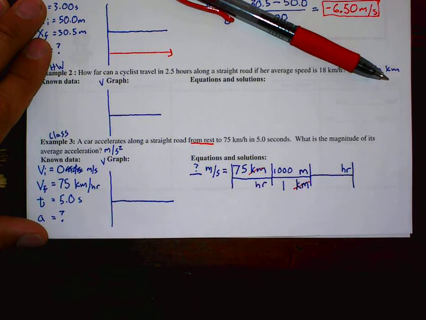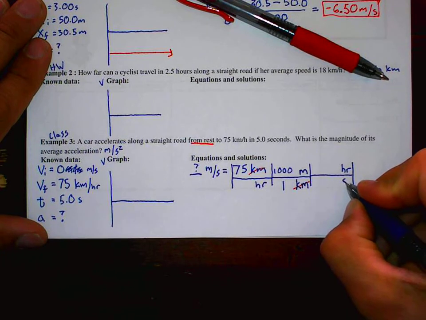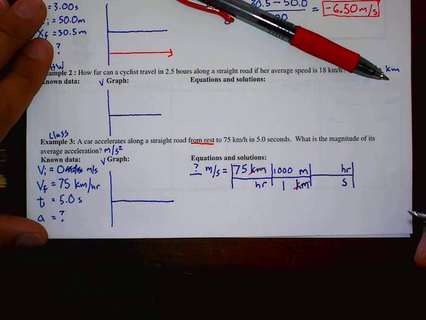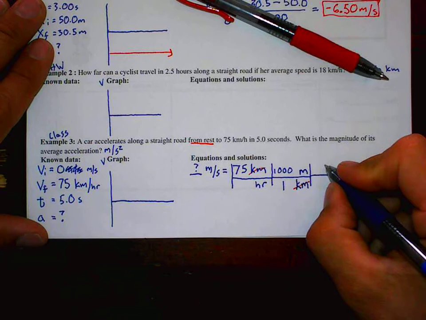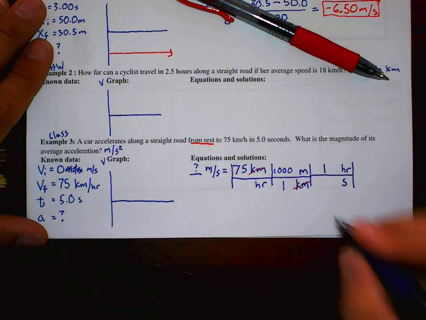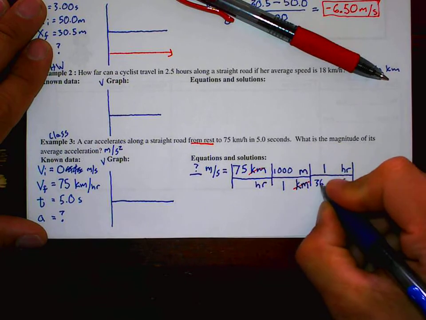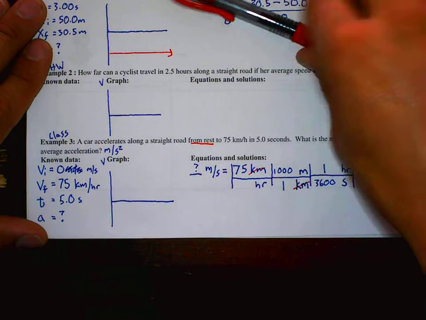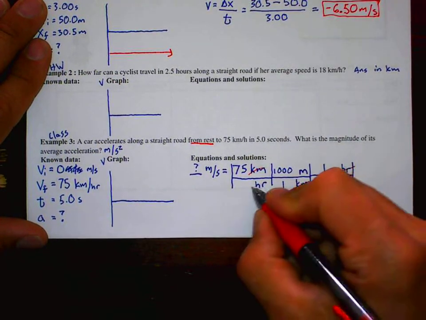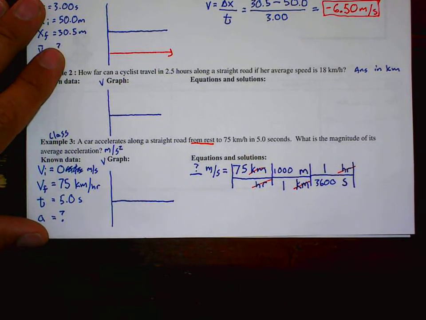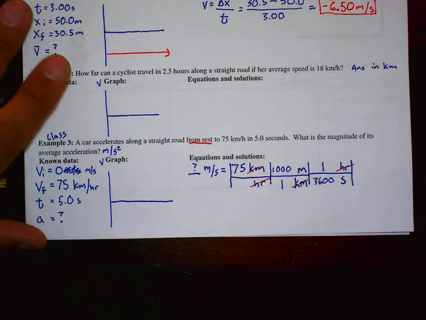So hours here, and we can go directly to seconds. Okay, we can skip the minutes thing. Okay, so if we have 1 hour, it's 60 times 60, so 3,600. And we can cancel. Okay, so punch that in real quick.